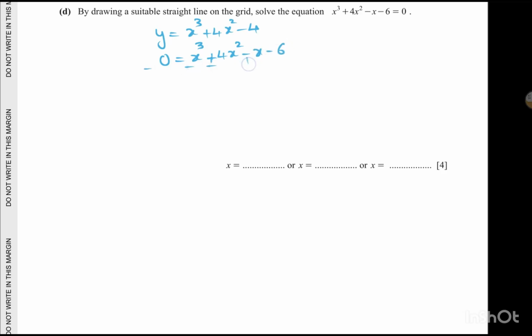Subtracting these equations, we get y minus 0 is y, the cubic and square terms cancel, and x is positive, and minus 4 plus 6 is plus 2. This is the straight line we need to draw on the graph.